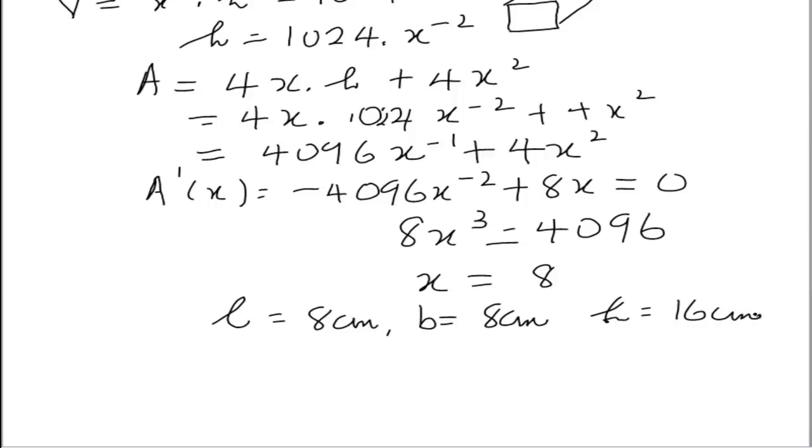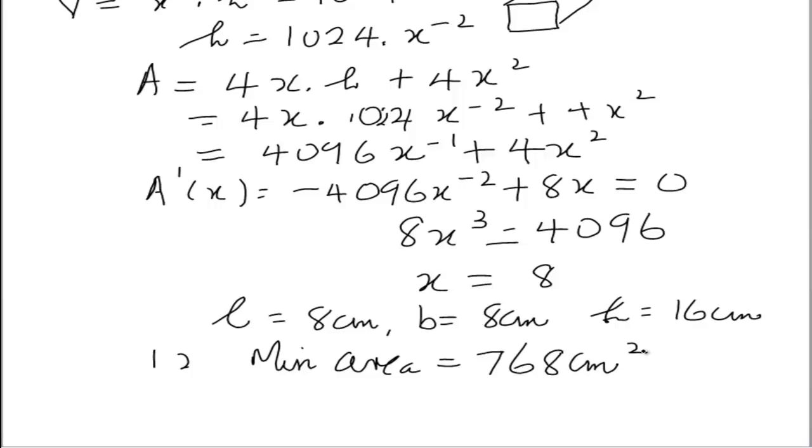And then in the next part of the question, they want us to find the minimum area, and the minimum area would be substitution in the original, and that would give you 768 square centimeters.